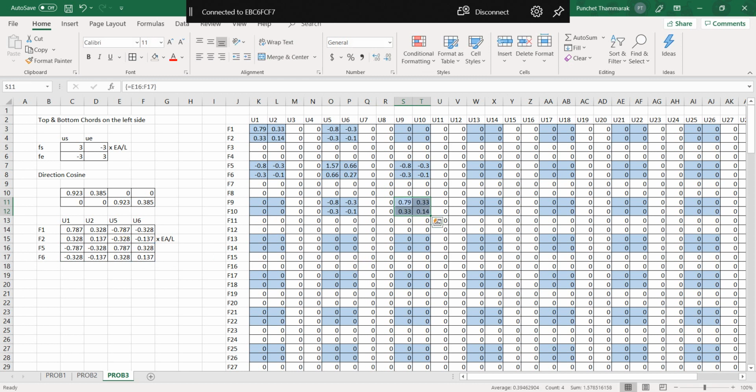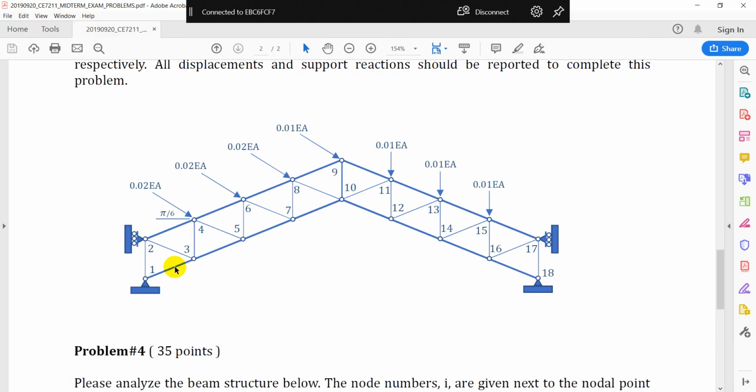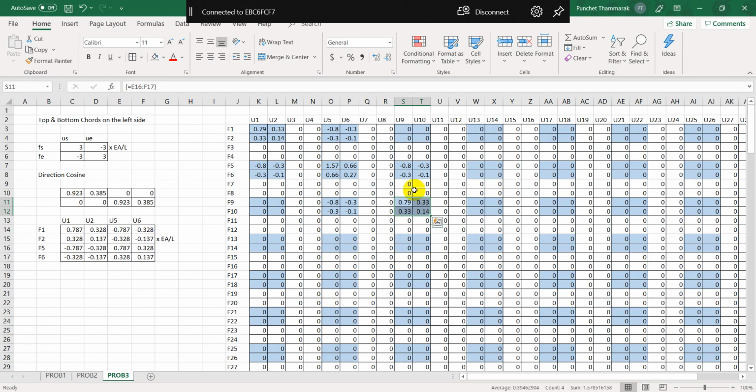Two elements done. Next element 1, 2, 3. Next one 9, 10, 13, 14. So 9, 10, 13, 14. It's just like this. So basically this equals this.